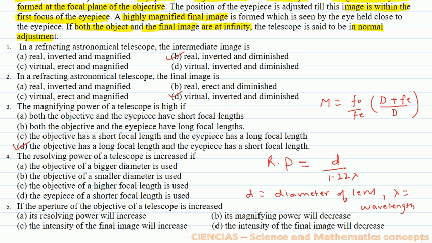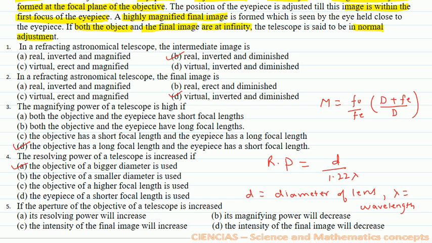So if D is large, then resolving power is large. Means if diameter of the lens is more, then resolving power will be more. So here we see that option A, the objective of bigger diameter is used to get more resolving power. The diameter should be more.